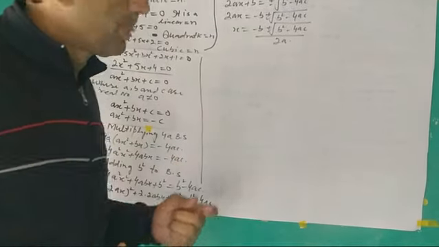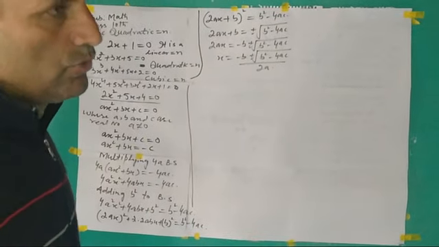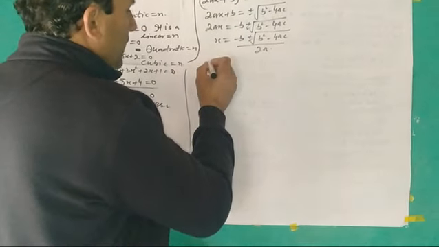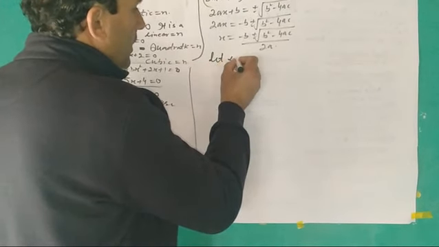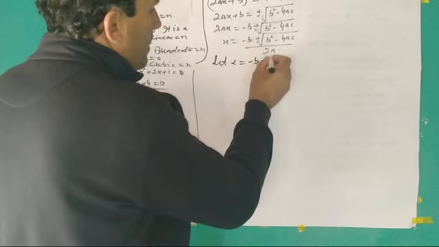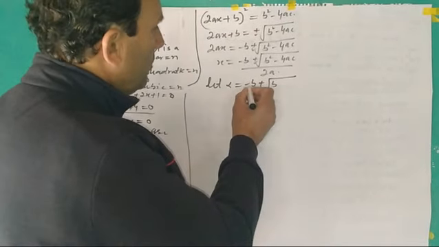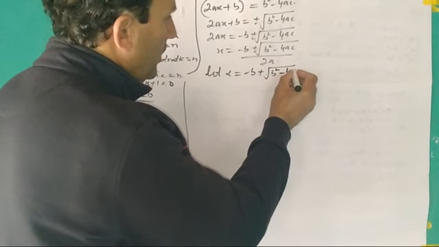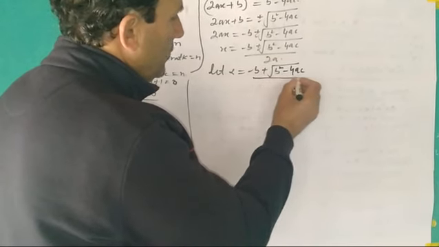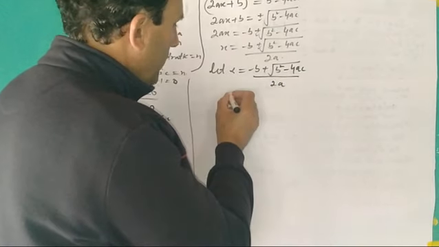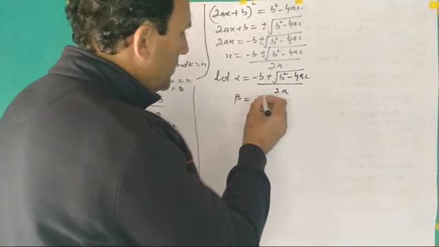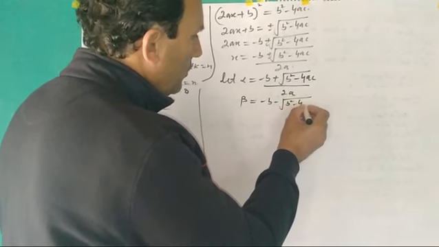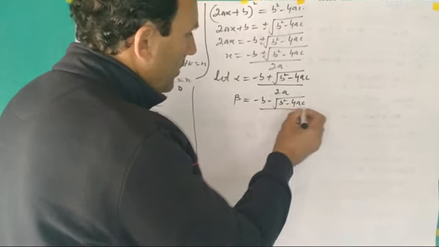For that case, I have to suppose the values: let alpha is equal to minus b plus under root of b square minus 4ac divided by 2a, and beta is equal to minus b minus under root of b square minus 4ac divided by 2a.